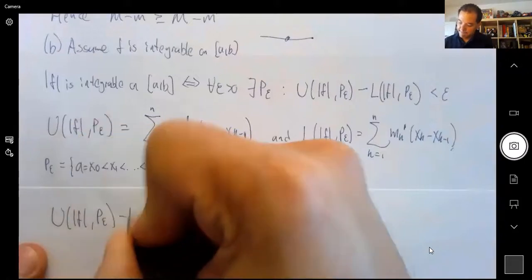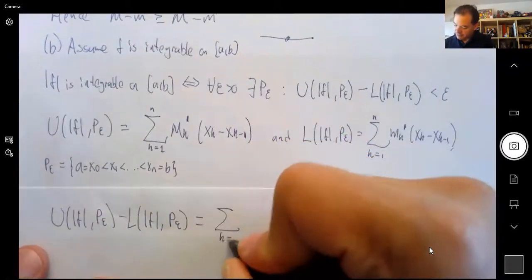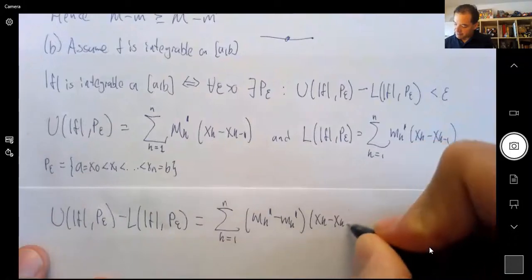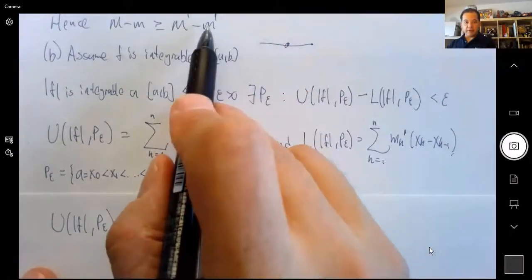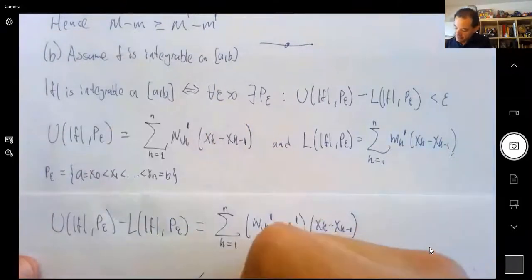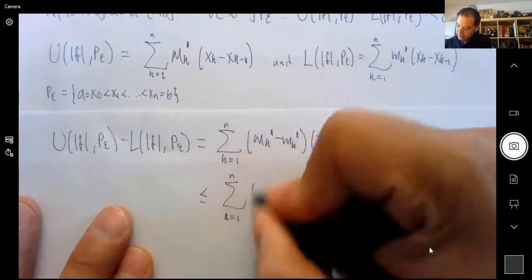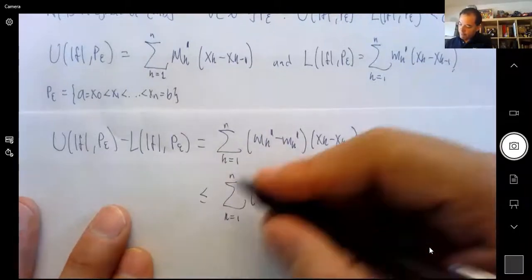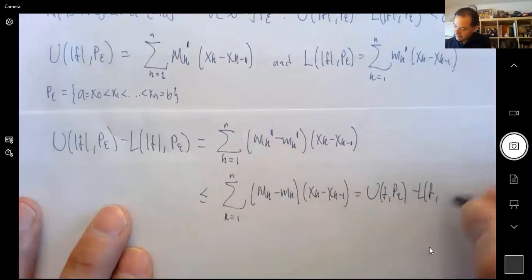This is the sum from 1 to n of Mk prime minus little mk prime times xk minus xk minus 1. Now we use our inequality: this is less than or equal to capital M minus little m, and if you unpack this, it is exactly U of f minus L of f.